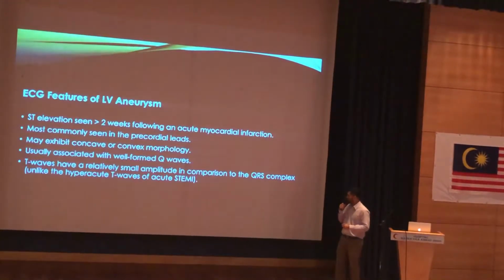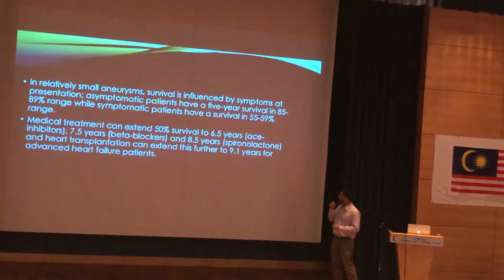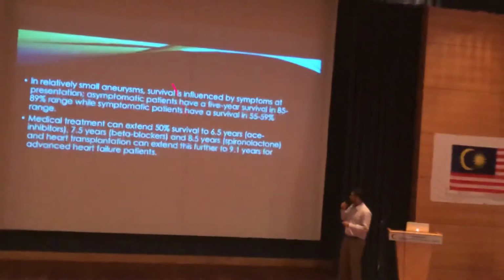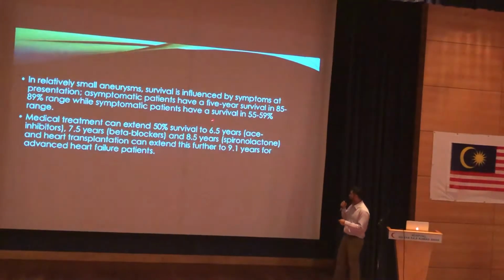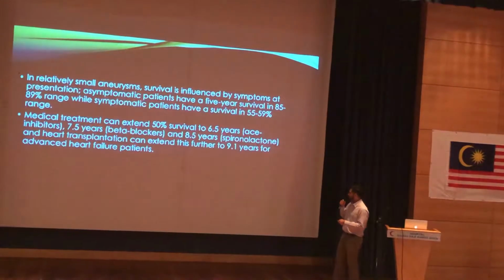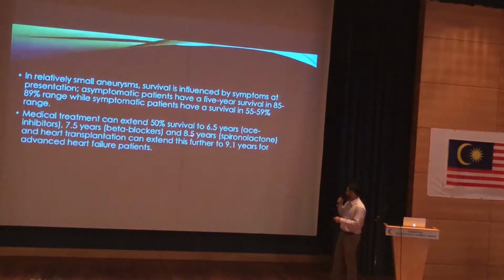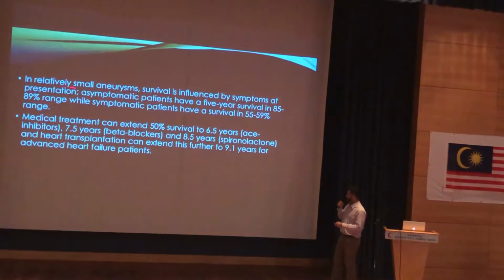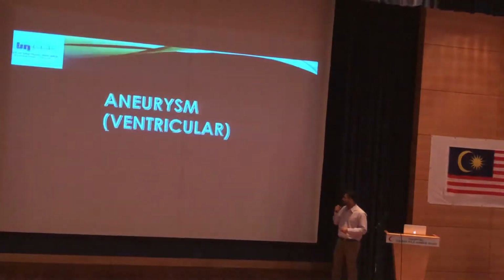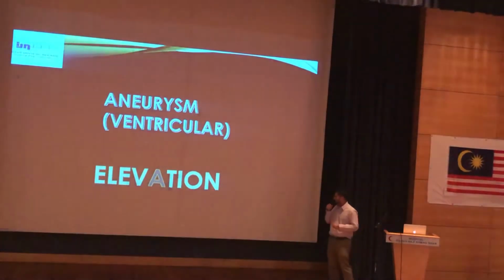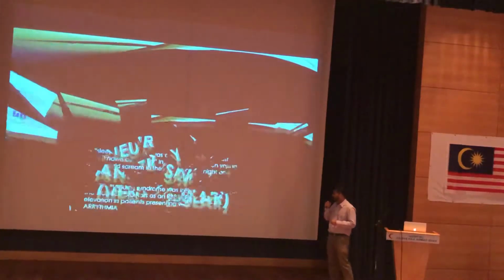As for survival of an aneurysm, with medical therapy alone about 50% will survive about 6.5 years. With adding ACE inhibitor, beta blocker, spironolactone, even heart transplant, they can go up to about 9 to 10 years. So that is the A in ELEVATION, ventricular aneurysm.